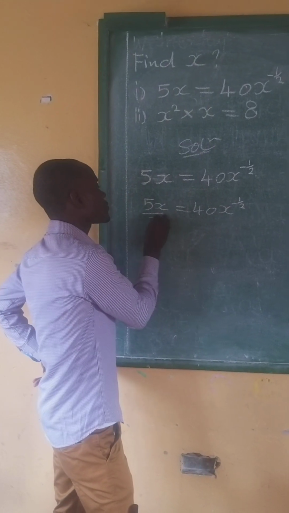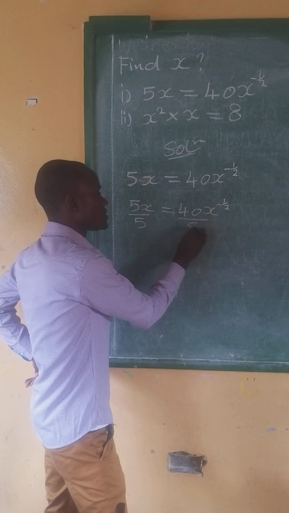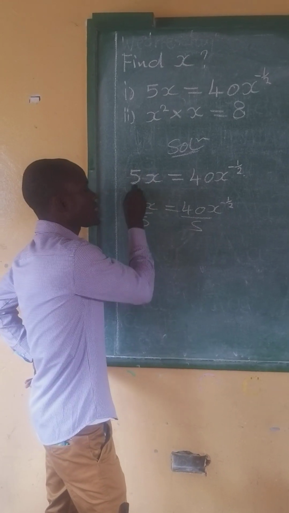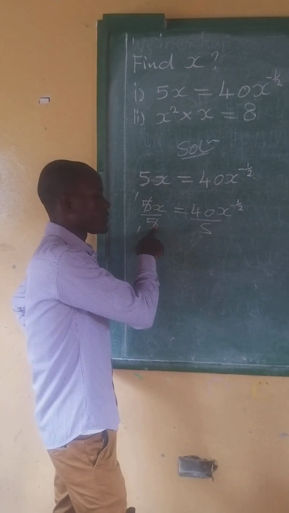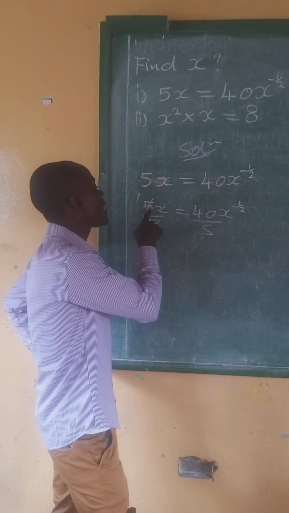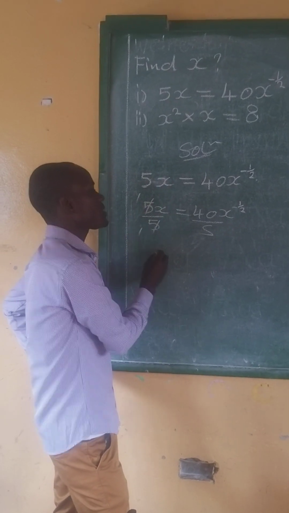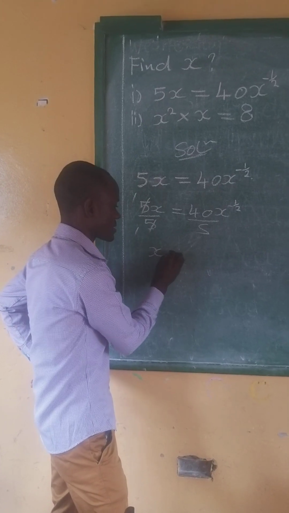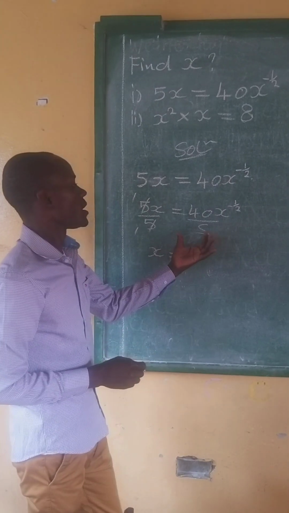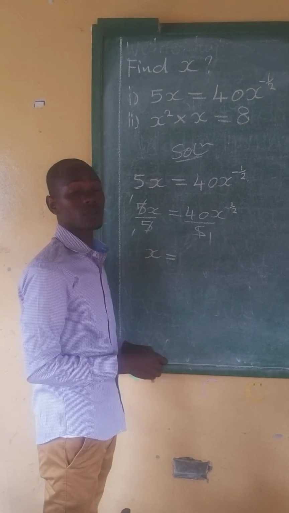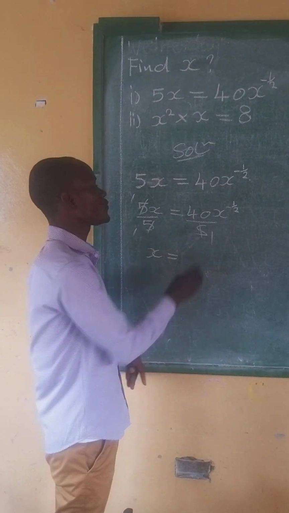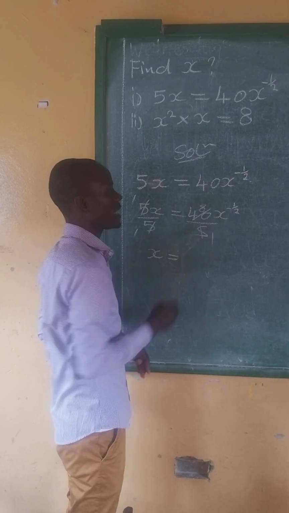So we divide throughout by 5. 5 into 5 goes 1, and 5 into 5 goes 1, so here we have a 1. 1 multiplied by x, we have x equal to, then 5 into 5 is 1, but 5 into 40, you get 8.